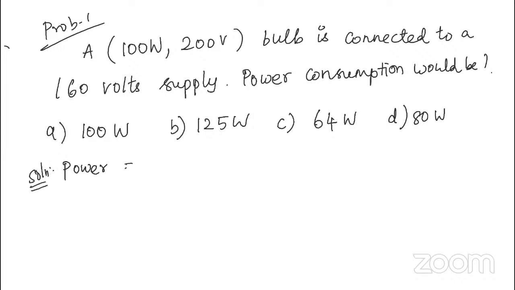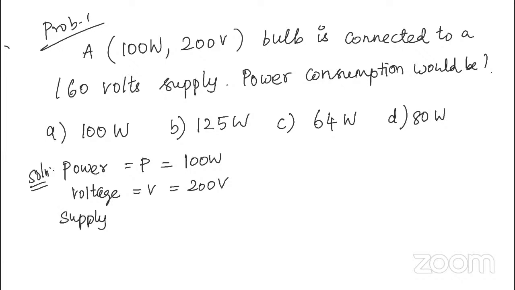Power P is equal to 100 watts, voltage V is equal to 200 volts, and the supply voltage Vs is equal to 160 volts. First we have to calculate the resistance value.